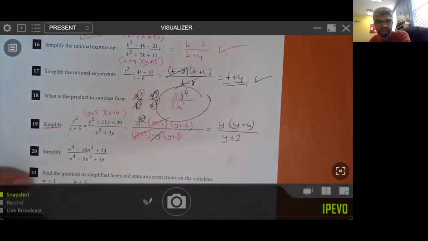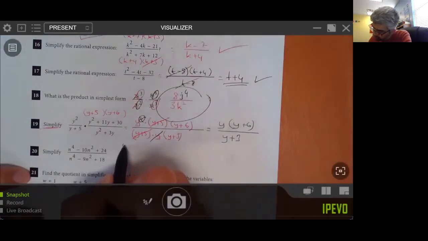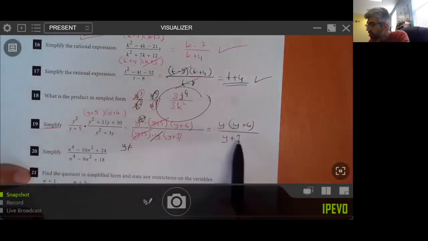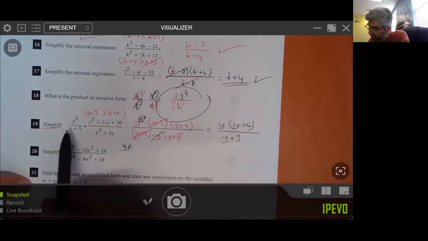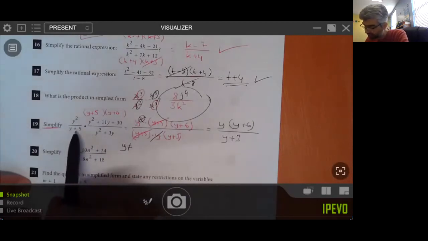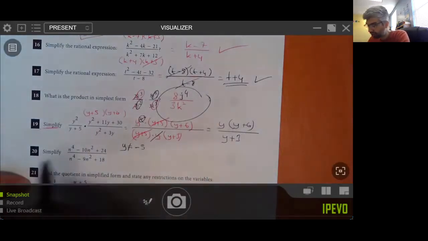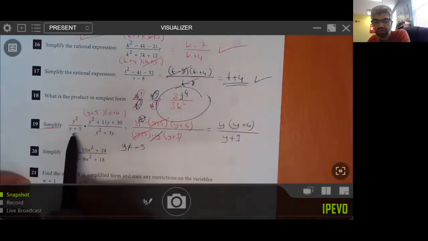Here we should add the excluded points. So y cannot be what? Even though we don't have y plus 5 in the final answer, we have to write those numbers from the original question. So y plus 5 here. So y cannot be negative 5. y must be different than negative 5 because it makes the denominator 0.